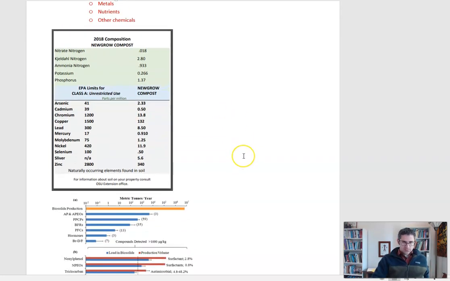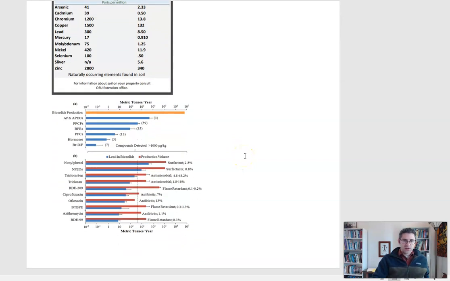So more recently, in the last 10-20 years, we have been able to measure lots of little chemicals in biosolids a lot better. This is just a figure I grabbed from an article on the web that shows some of those kinds of chemicals. So nonylphenol and nonylphenol ethoxylates.